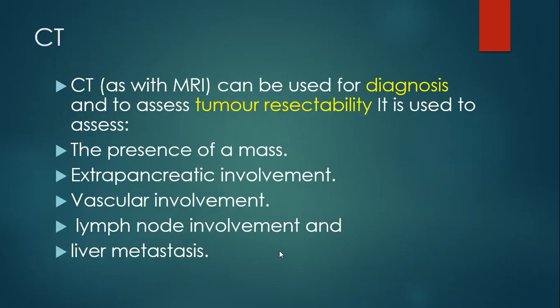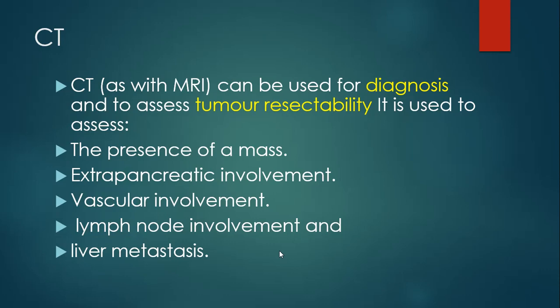Now the CT scan can be used for diagnosis and to assess the tumor resectability. It shows the presence of a tumor mass in the region. Extra pancreatic involvement, that means the tumor mass, how much it has invaded into the surrounding tissues.